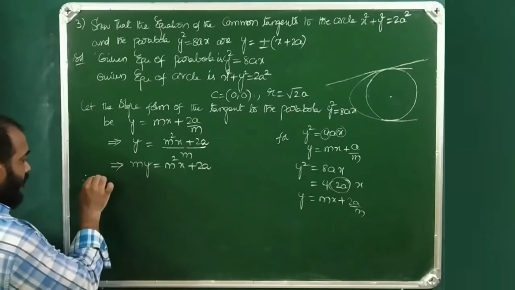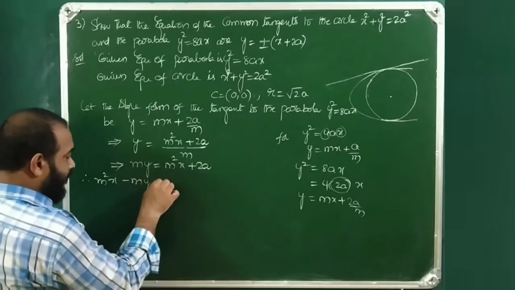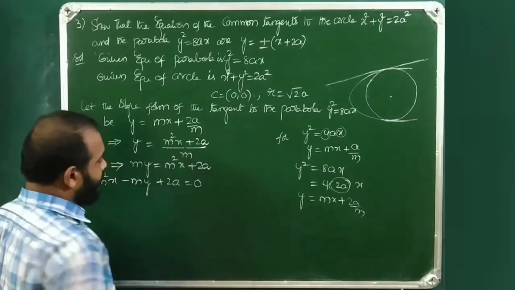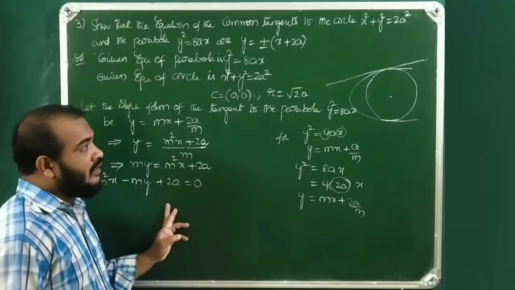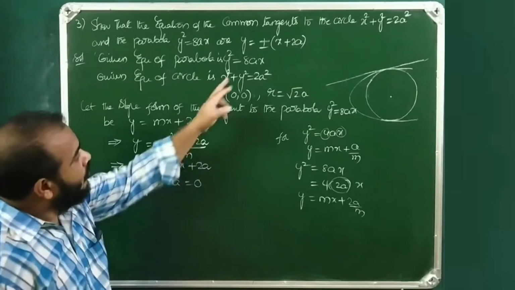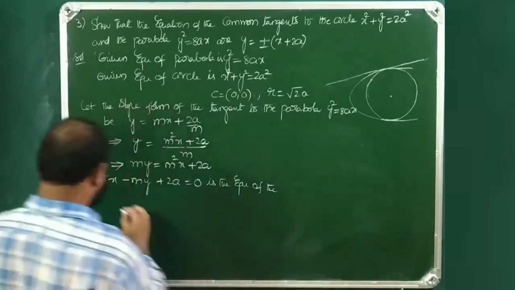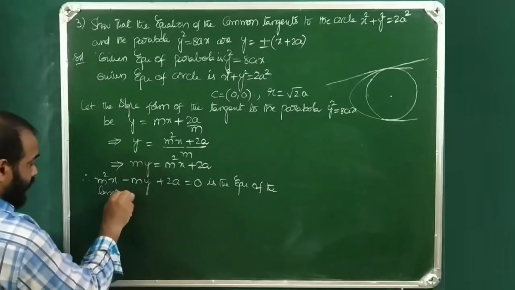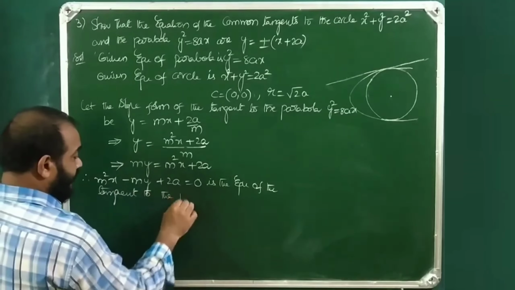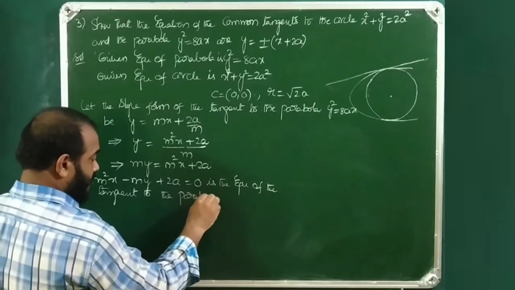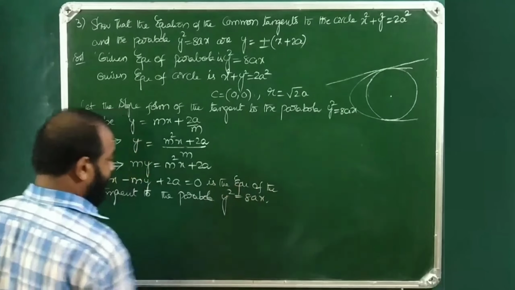Therefore, m square x minus my plus 2a equals to 0 is the equation of a tangent to the parabola y square equals to 8ax.